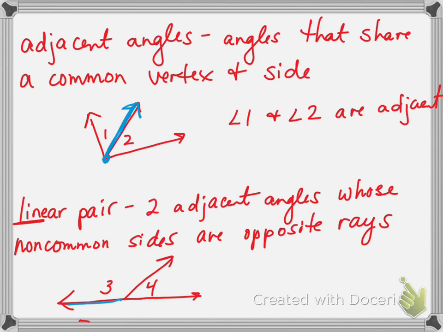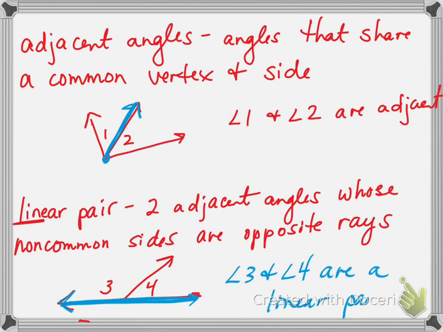So they form that line right there. And if you remember that two angles side by side that form this straight angle right here, straight angles are 180 degrees, then you would know angle 3 plus angle 4 is 180.